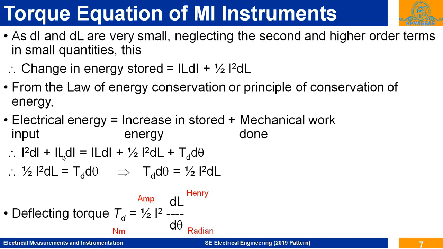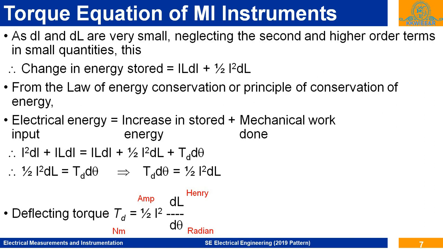The similar terms get cancelled from both sides, LHS and RHS, and the equation is 1/2 I square dl is equal to Td d theta. Now we require the deflecting torque Td, the torque generated on the moving system.